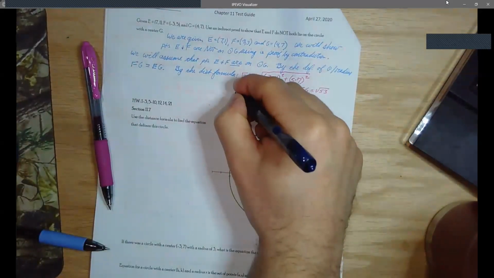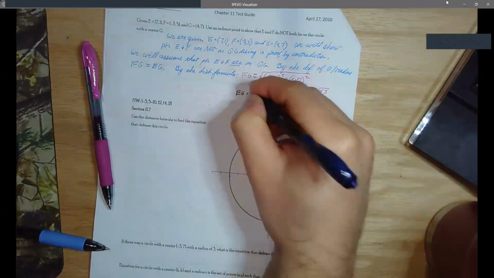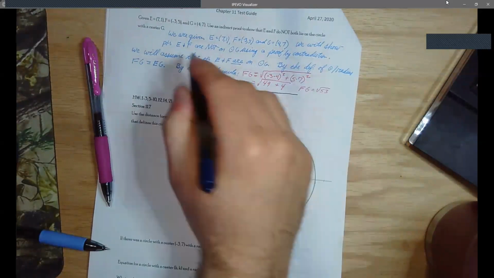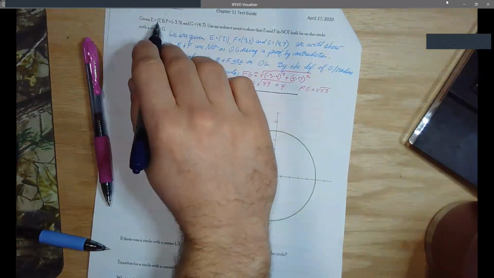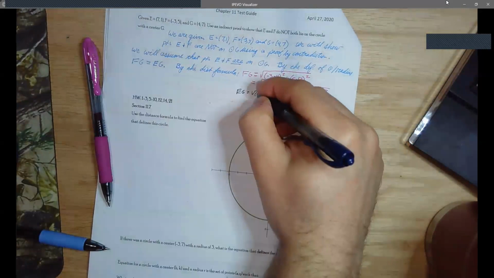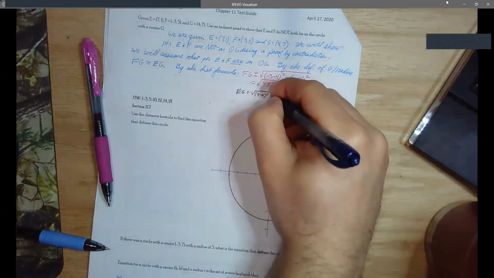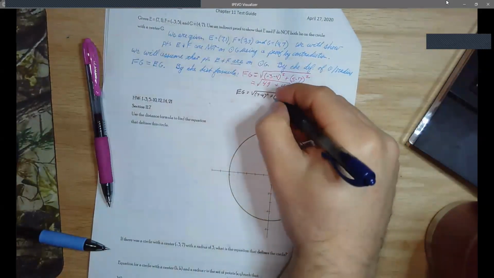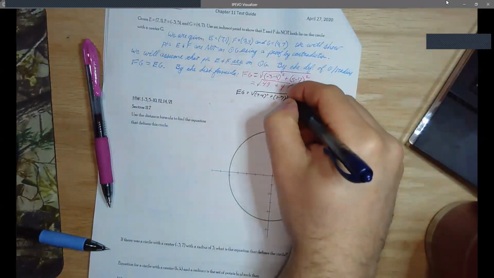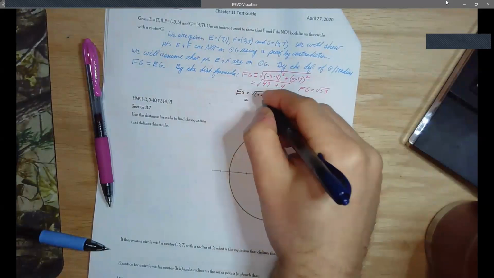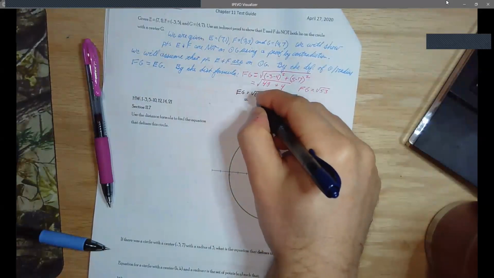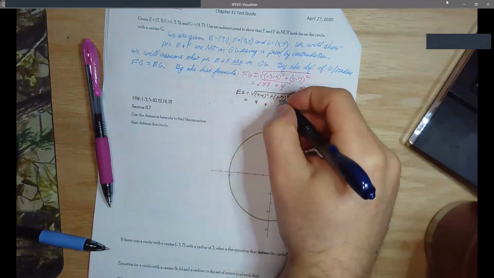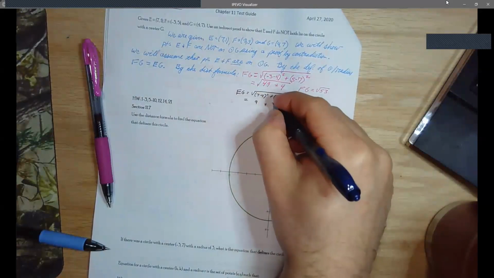Okay, now EG should be the same. So EG, 7 to 4, so 7 minus 4, and 1 and 7, so 1 minus 7. So 7 minus 4 is 3, 3 squared is 9, and 1 minus 7 is -6, squared is 36.